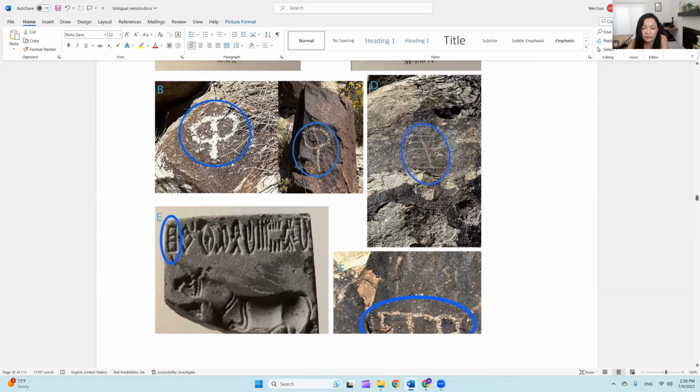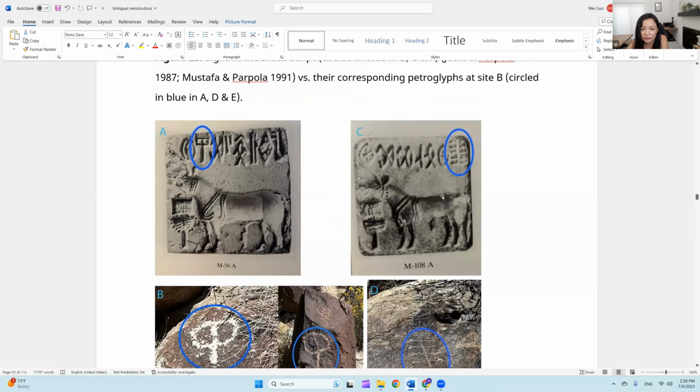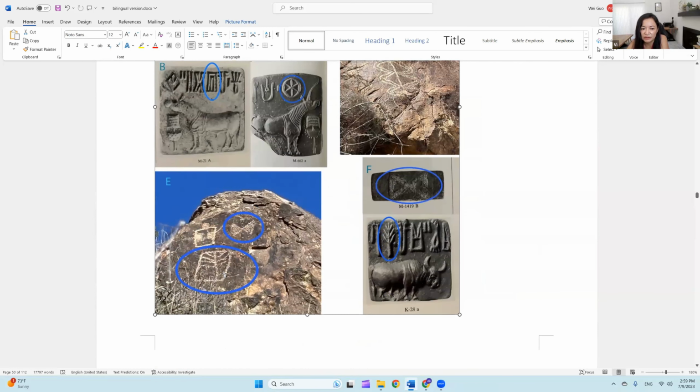So these are not regular signs. They should be related to important people back then. This is why these signs sit right next to the Song Dynasty king's titles. They should have had some connections.